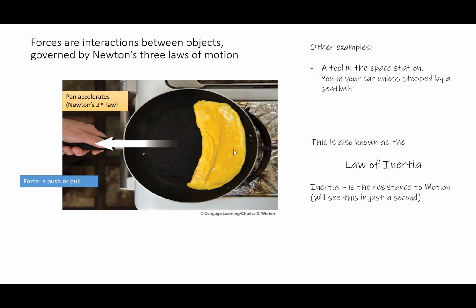The definition of inertia is the resistance to motion. The more mass it has, the more resistance to motion it's going to have, so I'm going to have more inertia, or a change in motion, that I'm going to have to deal with.